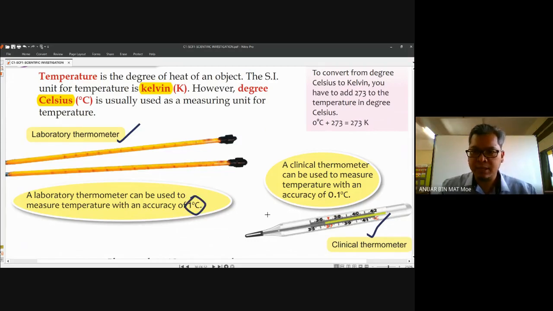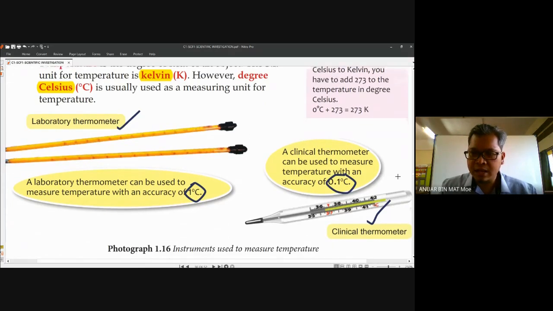And then also the clinical thermometer, this one is the older one lah. If I still remember when I go to the clinic to check if I got fever or not, they are using the clinical thermometer, very short one, and then they put under the tongue. I don't know whether the doctor use that anymore, but it is the most accurate way to measure the body temperature by using clinical thermometer here.